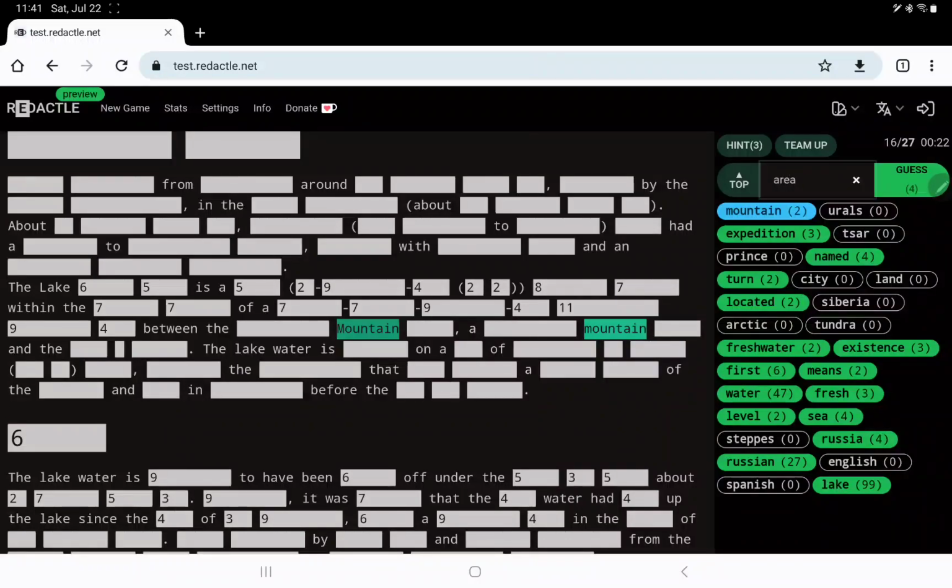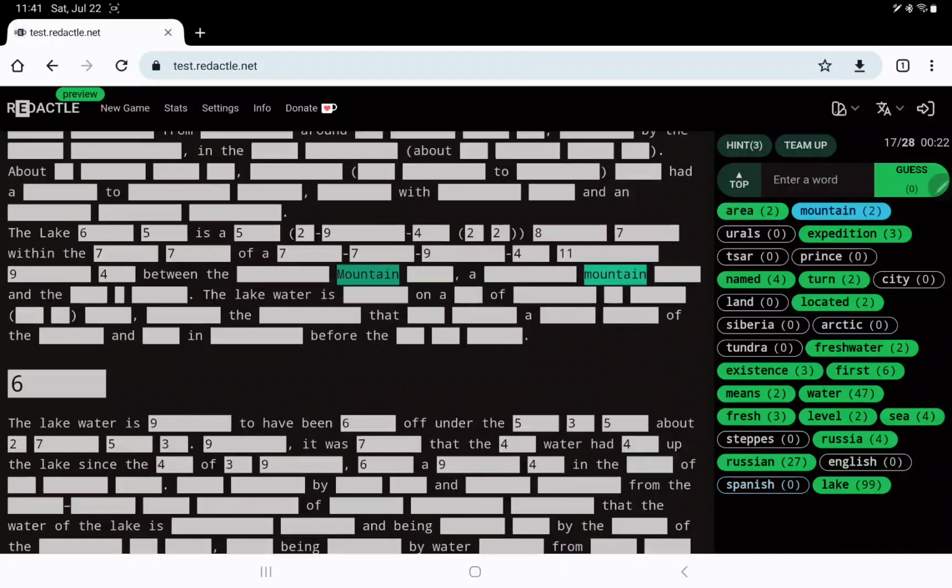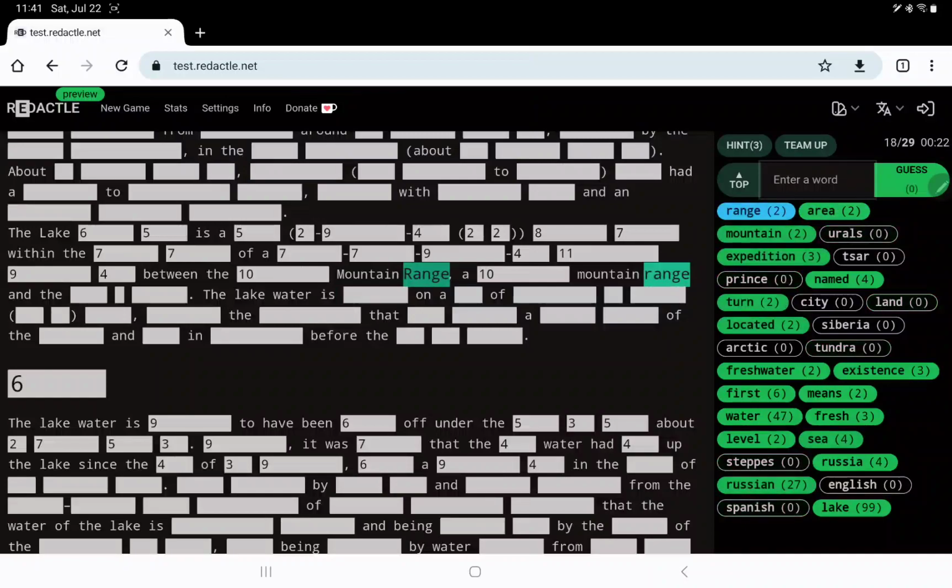Have I done area yet? No, we do have just those two areas right there. We go back to these mountains between the 10 mountain 5, a 10 mountain range. Between the something mountain range and the 4-1-6.